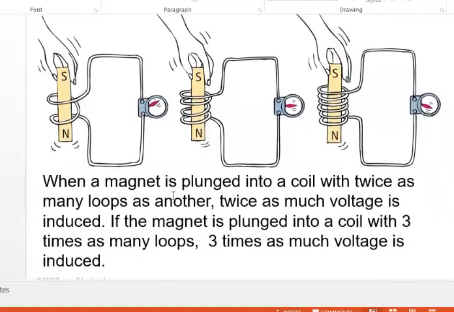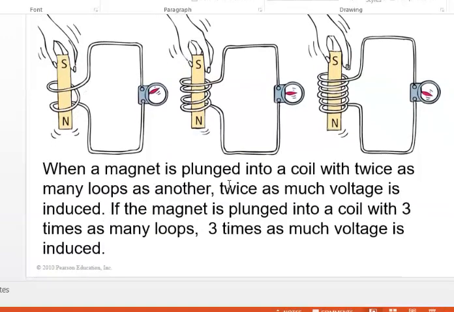Now, when the magnet is plunged into the coil with twice as many loops as another, twice as much voltage is induced. If the magnet is plunged into the coil with 3 times as many loops, 3 times as much voltage is induced. That you have got it well. Now, we have learned that if you want to increase the amount of induced voltage, you have to increase the number of turns in the coil.